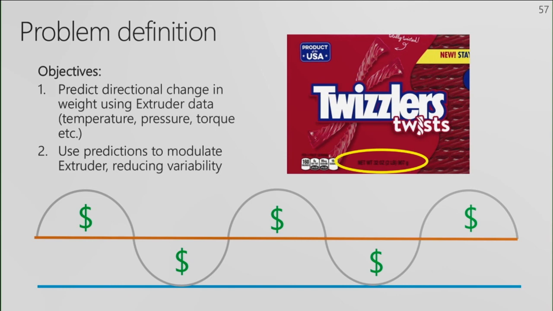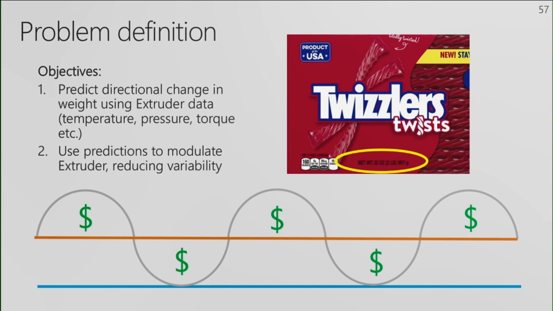So our goal was to use predictions of product weight to modulate the behavior of the extruder. So if we're producing too much, we want to slow that down a little bit. If we're producing too little, we want to speed it up a little bit. But actually, the idea of iteration here is relevant because when we started out, our goal was let's predict the weight of the product. And it turned out to be more useful for us and actually more achievable given the data that was available to predict the direction of that change.